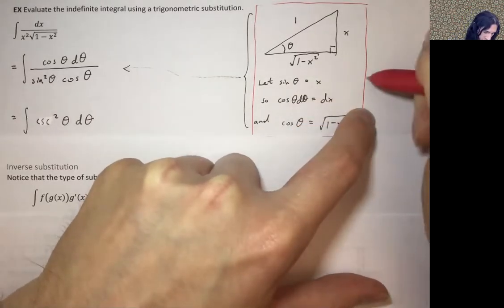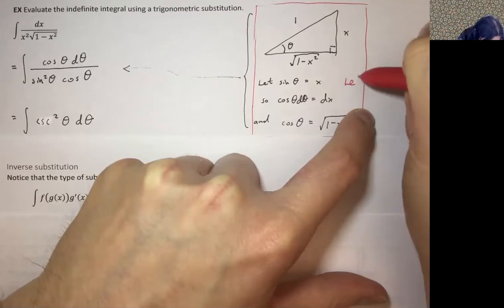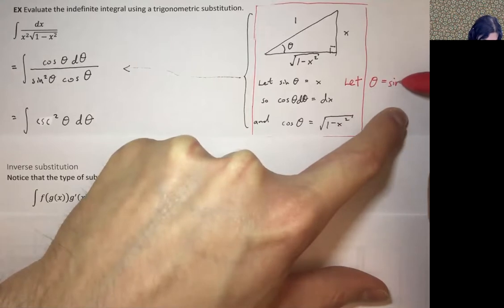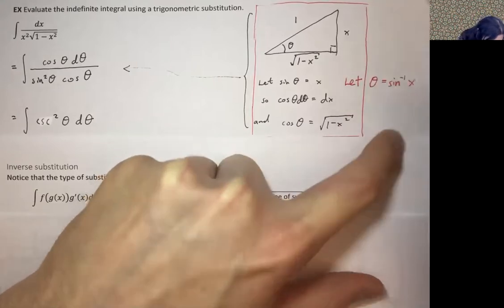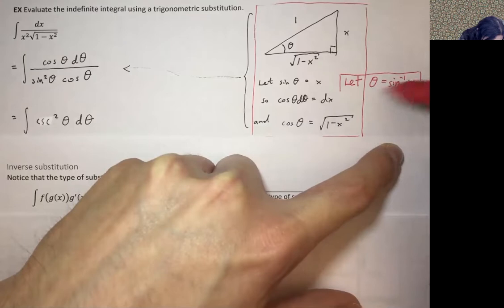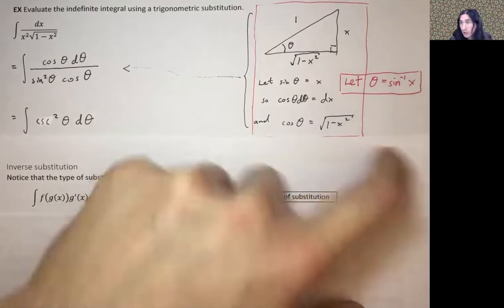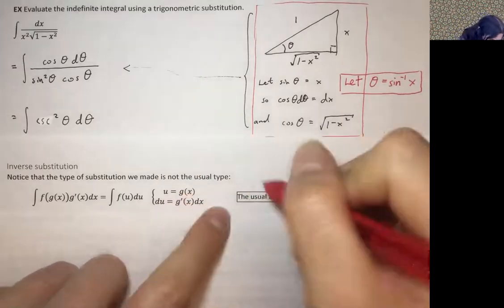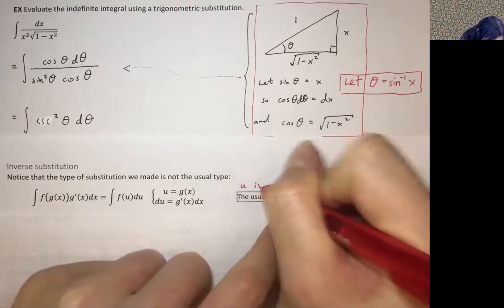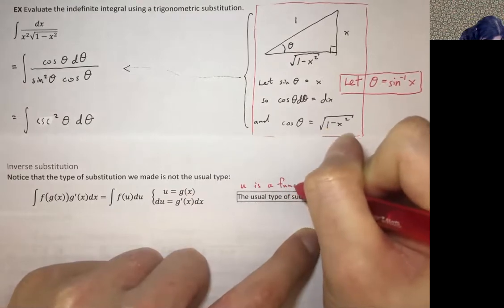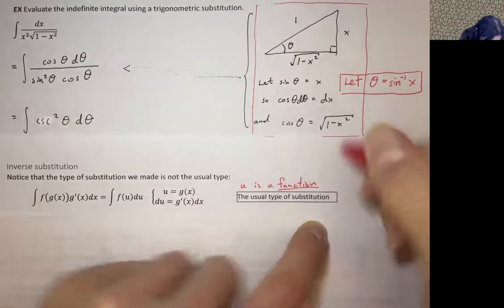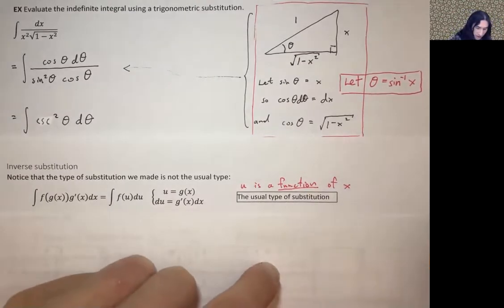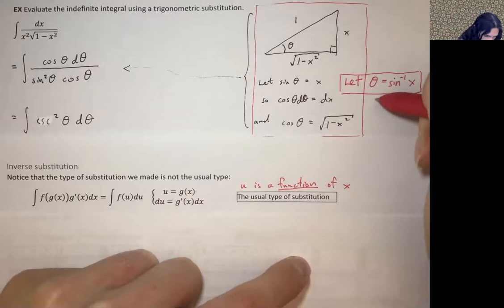So what I actually mean right here is let theta equal inverse sine of x. That's what's actually going on here. U has to be a function of x. That's the key here to making this u substitution work. Okay, so in other words, up here, my theta has to be a function of x.